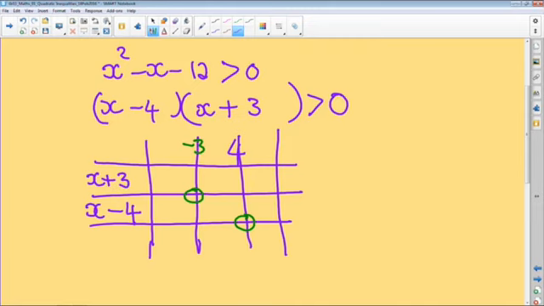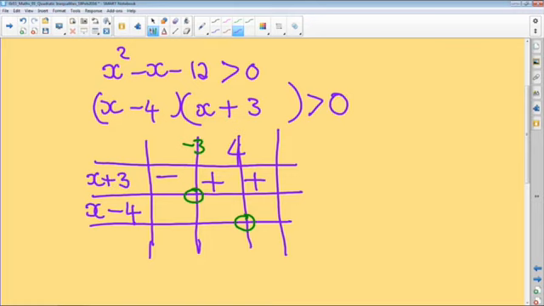Let's just check, keeping your unknown positive. If I take a 5, that's 5 plus 3, that's a plus. Between minus 3 and 4, I put a 2. 2 plus 3, that's a plus. But if I take numbers less than minus 3, say minus 5, minus 5 plus 3 is negative 2. So you get a negative.